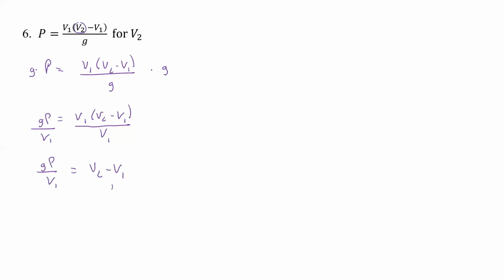Now we want V2, so all we have to do is add V1 to both sides. If we take the V2 to the left, V2 equals GP over V1 plus V1. Now they never said we had to get common denominators and add everything together. So I think this would be fine.